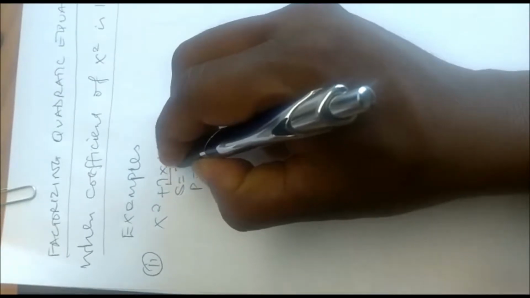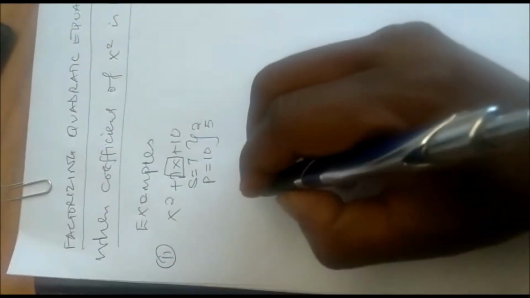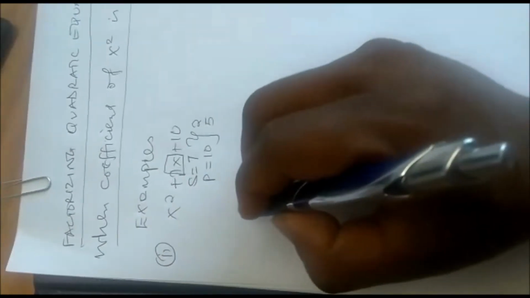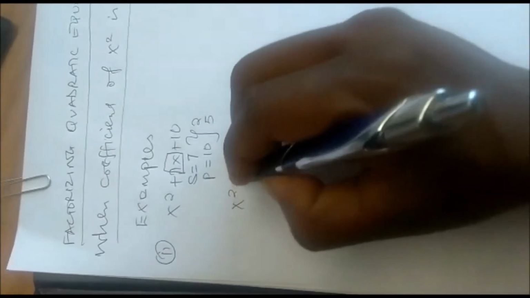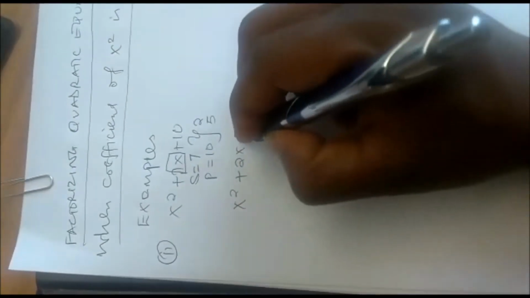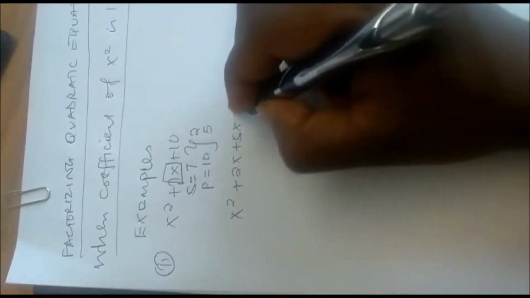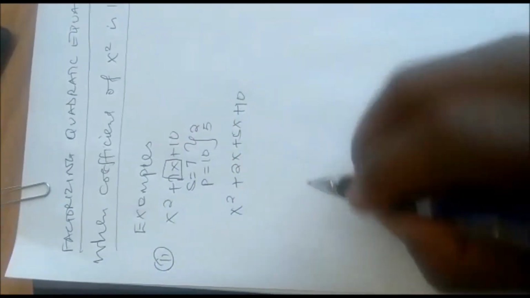So we use these two numbers to break this into two parts. So that means we will have x squared plus 2x plus 5x plus 10.